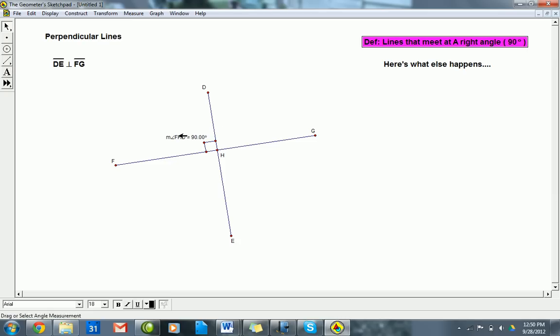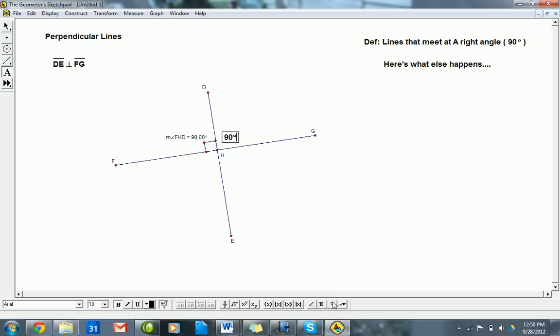Another thing that happens is if this angle is 90 here and these two angles are supplements, they add up to 180, then this angle here has to be 90 as well, right? Now this angle is 90 and these are vertical angles, then they have to be equal. Therefore, this angle has to be 90 degrees as well.